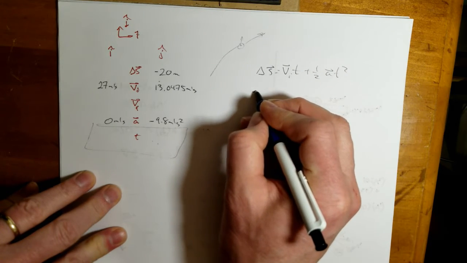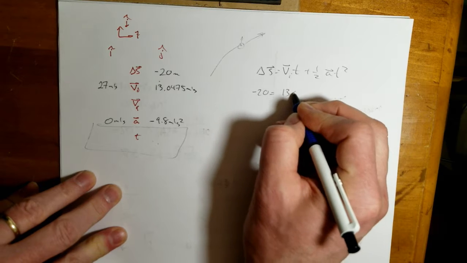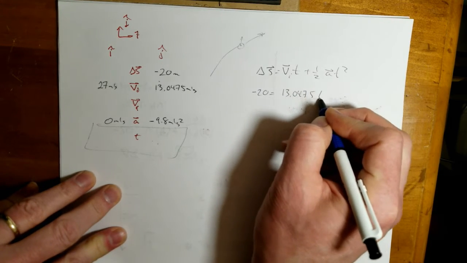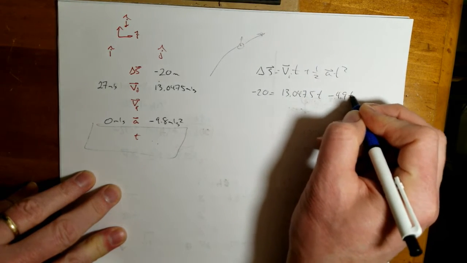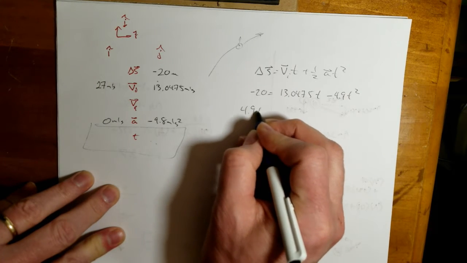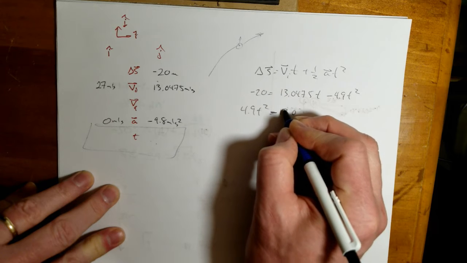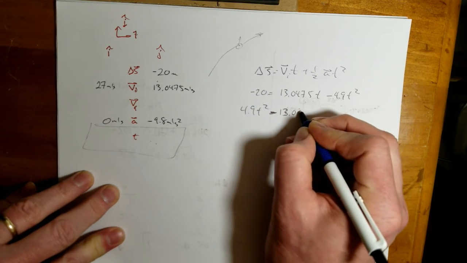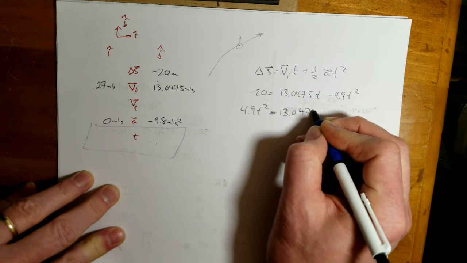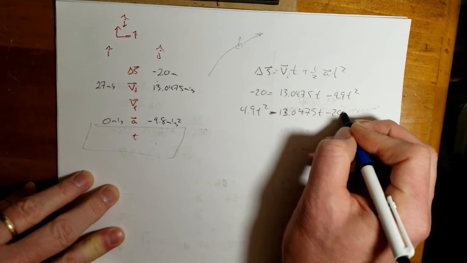And so I have negative 20 is equal to 13.0475 T minus 4.9 T squared. 4.9 T squared minus 13.0475 T minus 20 equals 0.